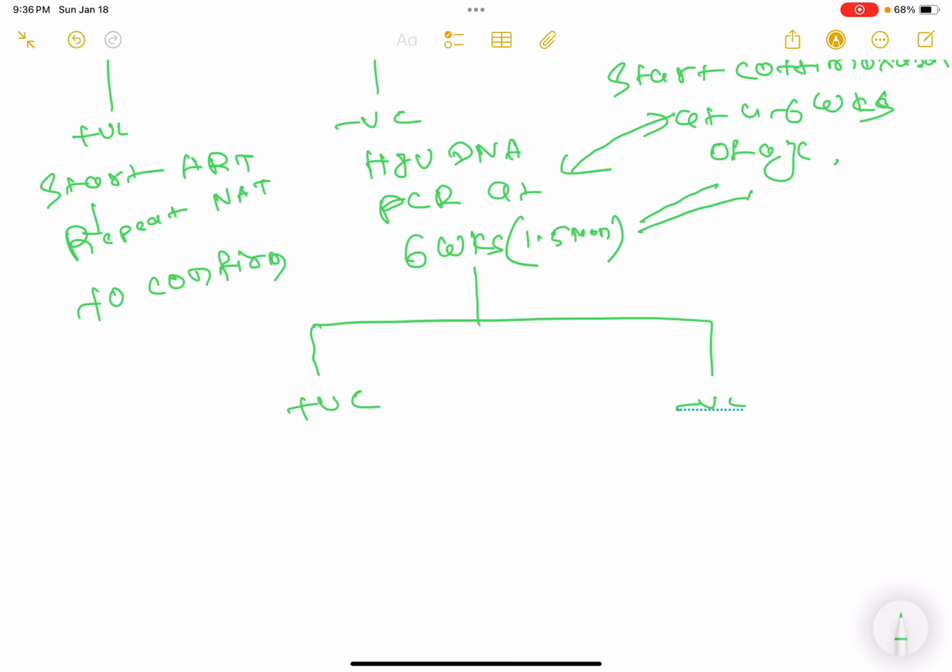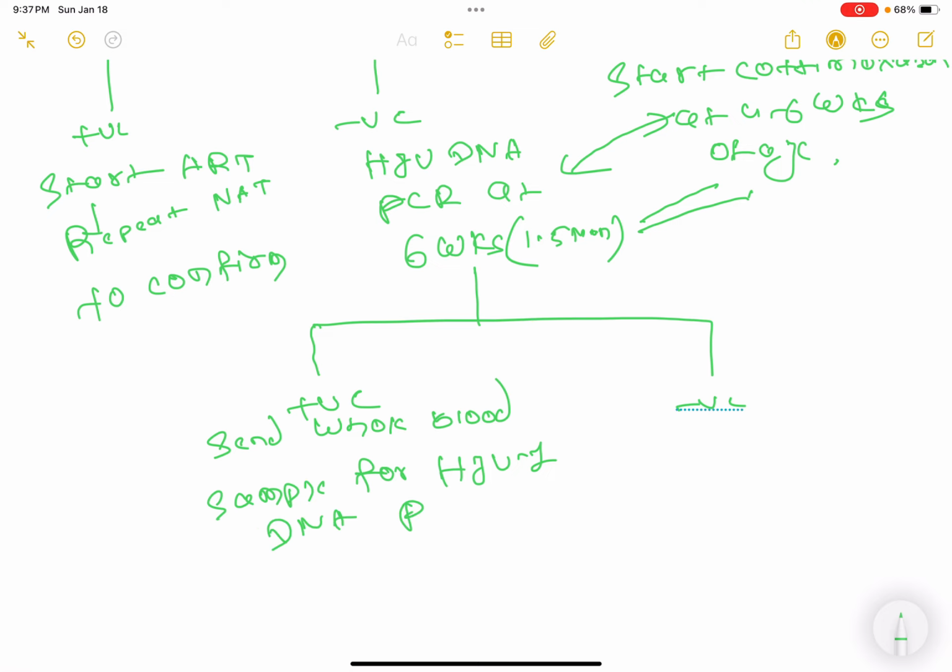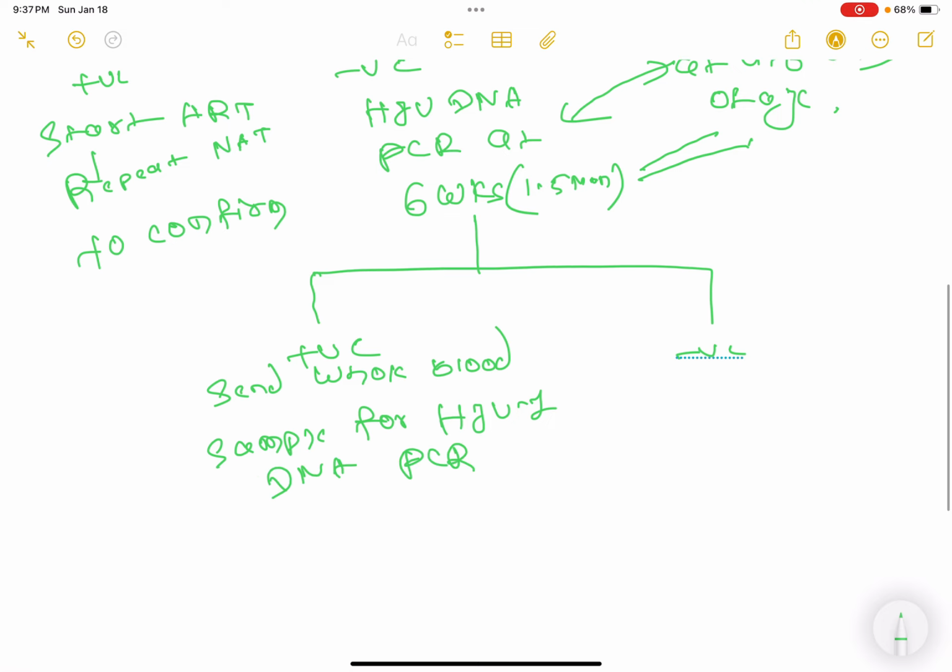If positive, send a whole blood sample for HIV 1 DNA PCR, and repeat the HIV DNA PCR to confirm.